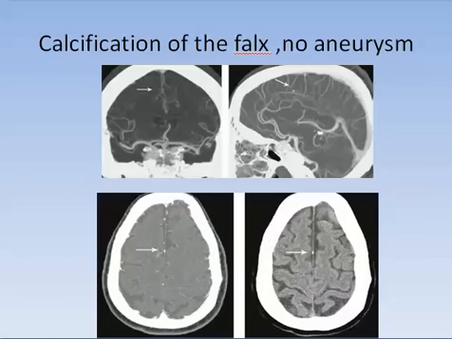Don't forget that there is something called calcification of the valves, and the calcification of the valves is not a thrombus, it's not an aneurysm. This is the valves, with a calcific spot, and it can appear in angiography like this, which should not be mistaken for an aneurysm.